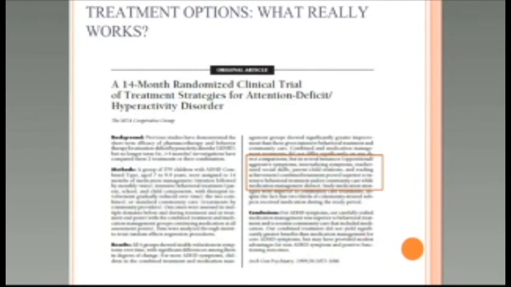Taken all together, these data suggest that all 4 groups showed reductions in symptoms over time, but children in the combined treatment and medication management group showed significantly greater improvement than those in the community care group. So what we found is that combined treatment proved superior to intensive behavioral treatment and/or community care, while the medication management only did not.